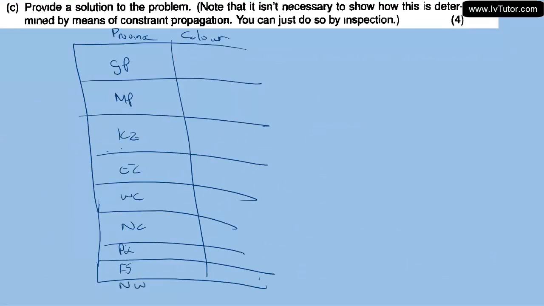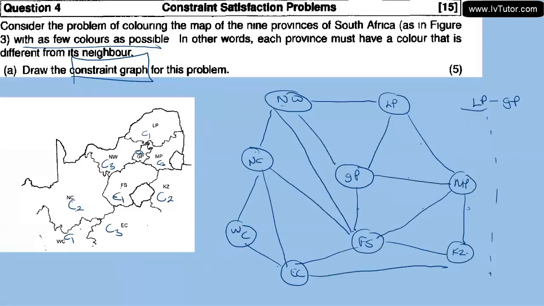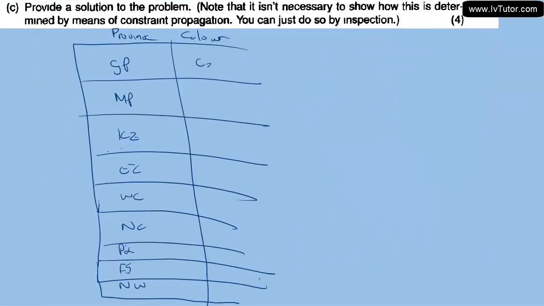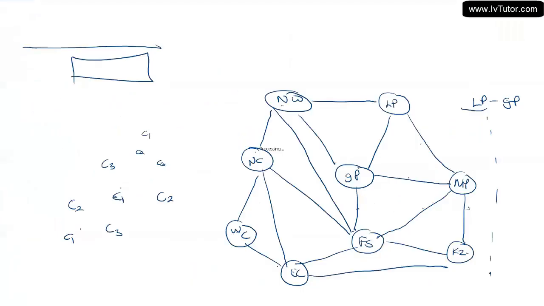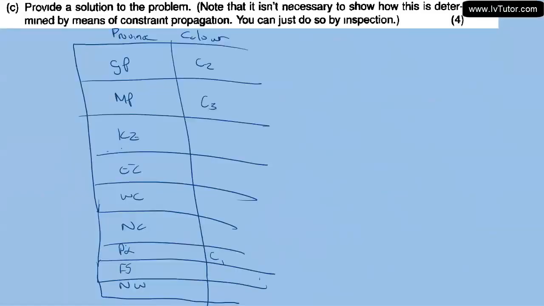So Northwest. Now you're writing the colors that we gave here: color 2, color 3, color 1. So GP is color 2, MP is color 3, Polokwane is color 1. Northwest is 3, Free State is 1.